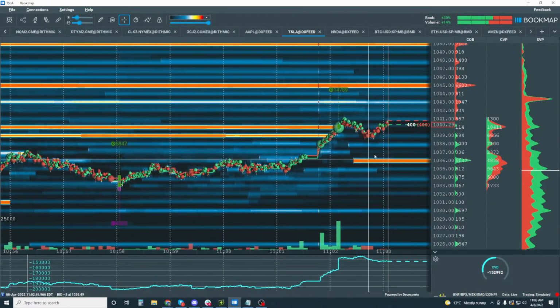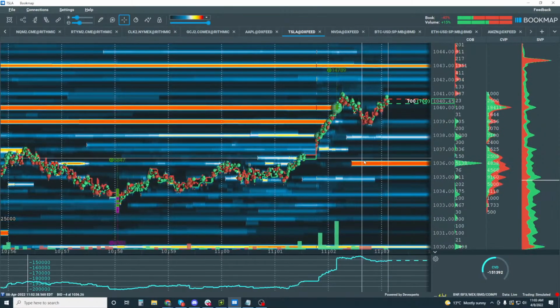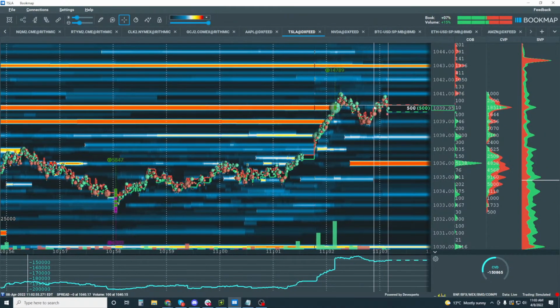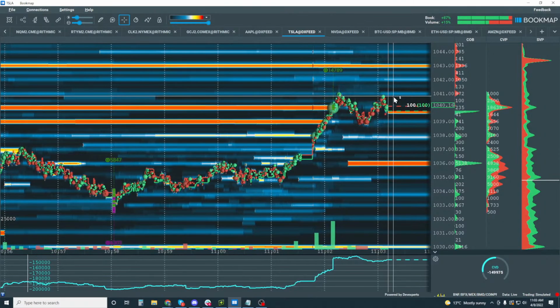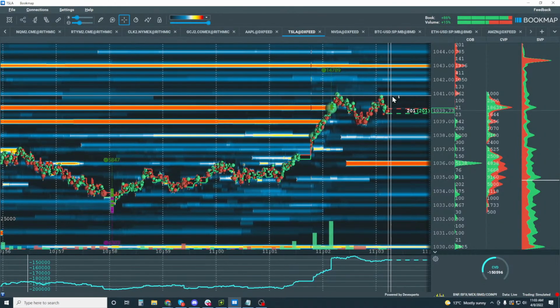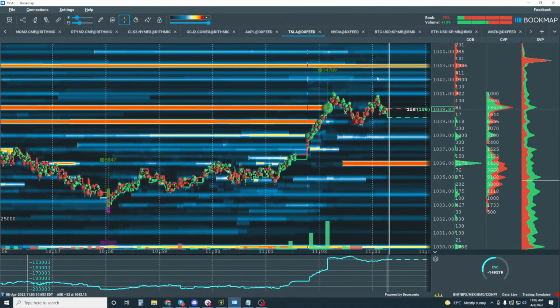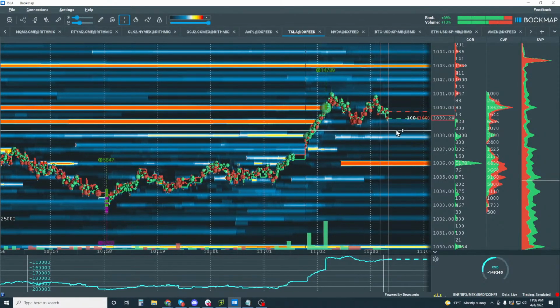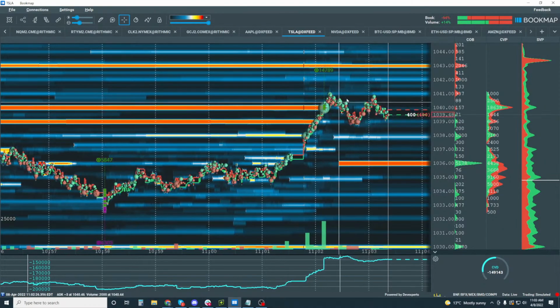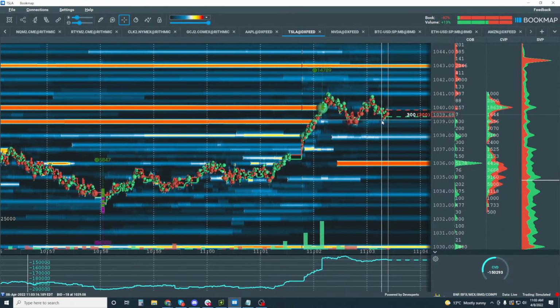Here's where we get that insight as well. Here they are on the book, it's repelling price. So let's see it come up to 41, and let's see it break out into 43. That would be the assumption, but we're likely going to get some back and forth in here.